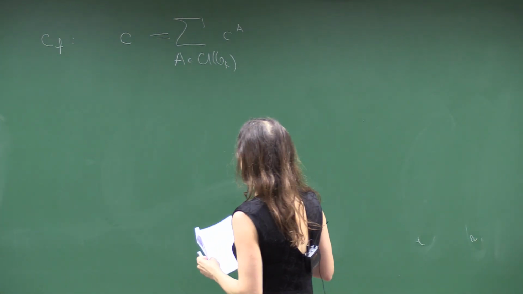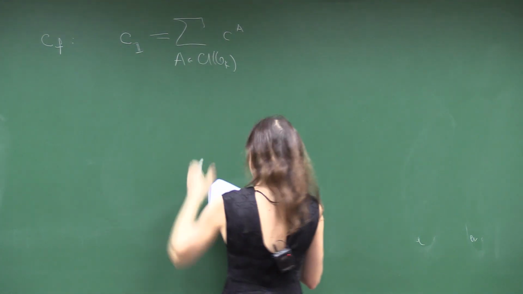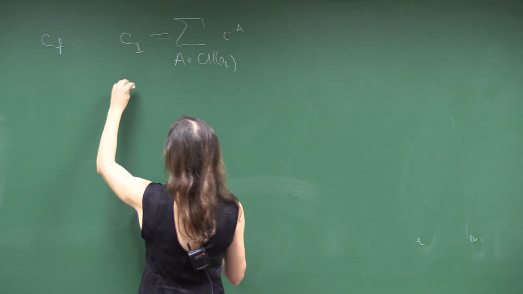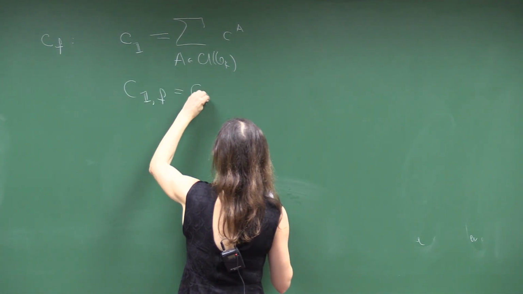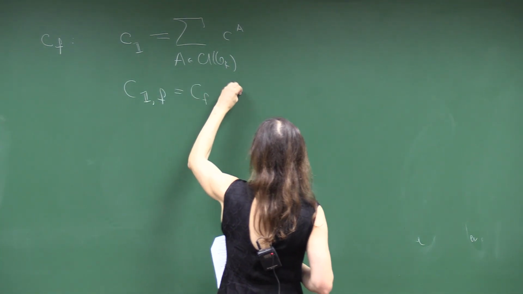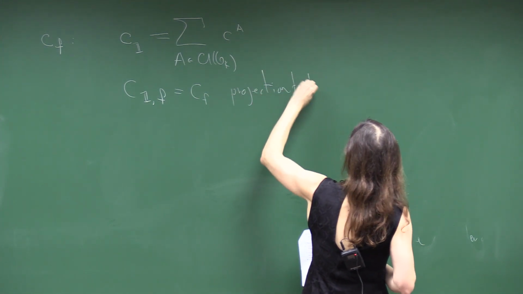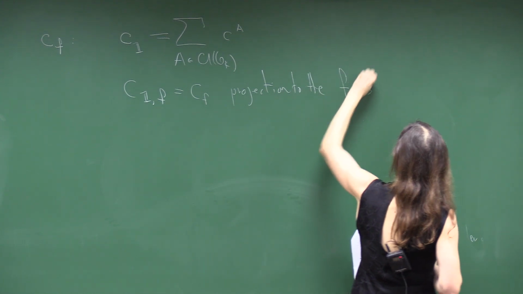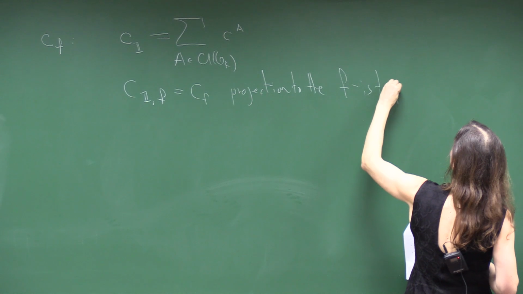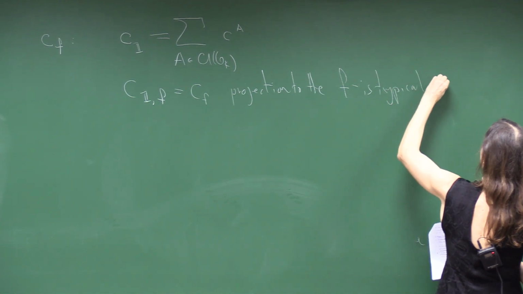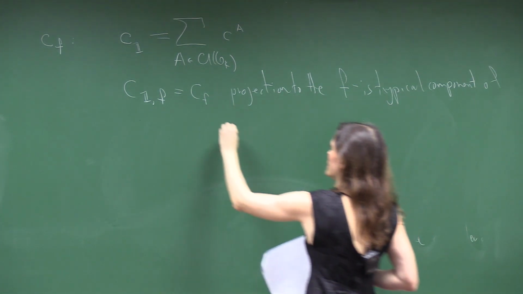Let me just call it C_1 because we're twisting by the trivial character, and then C_1F, which we also write as C_F, is the projection to the F-isotypical component of the Jacobian.